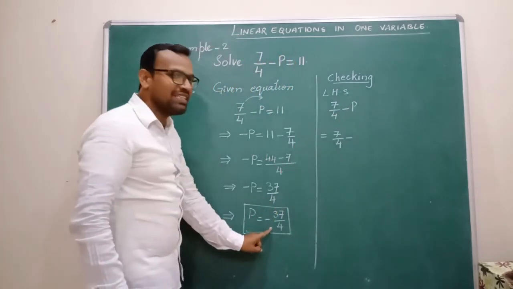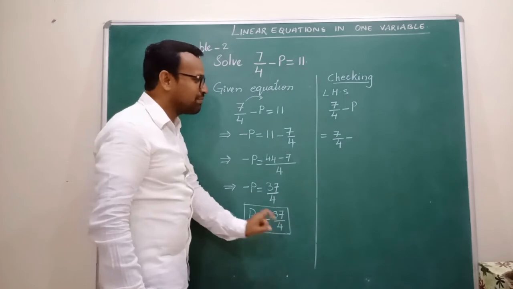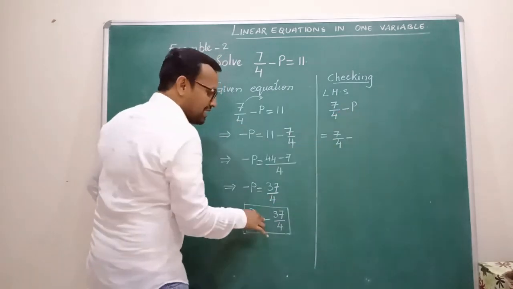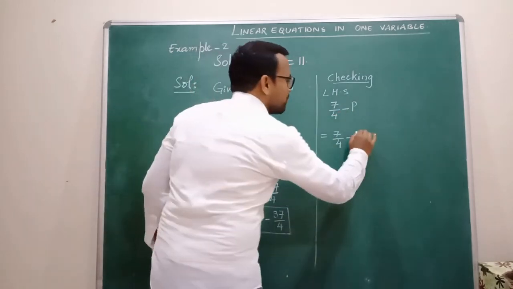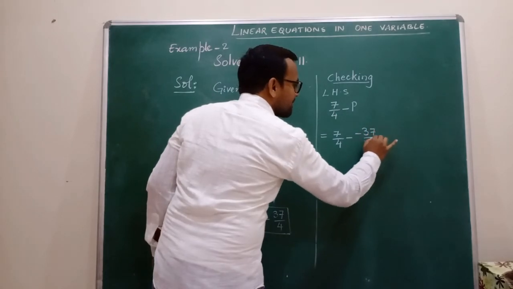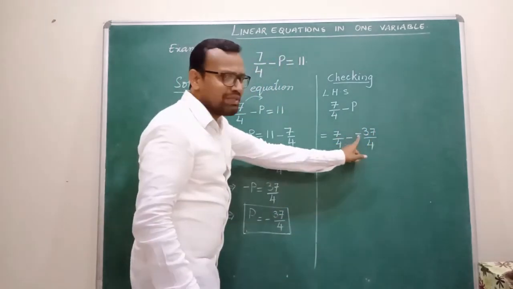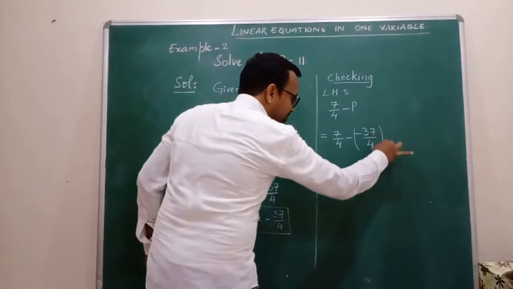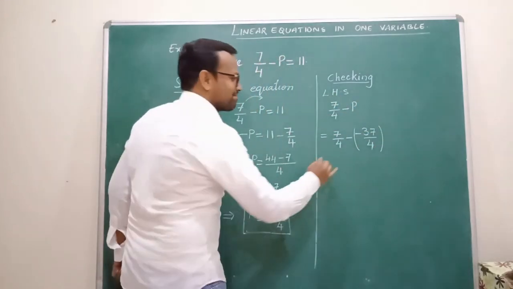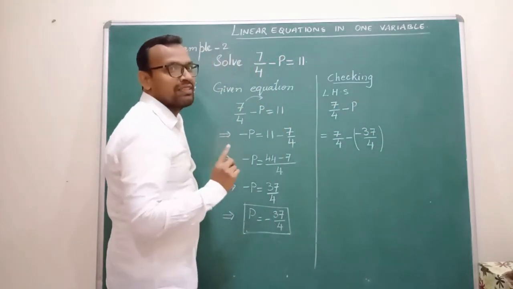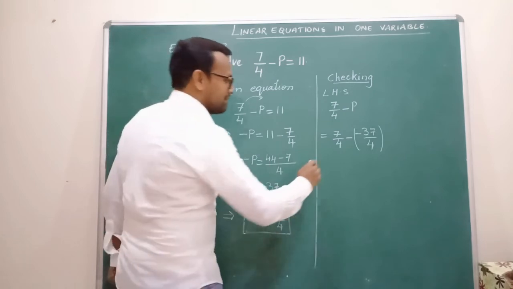What is the value of p that we got? Minus 37 by 4. So the p value is minus 37 by 4. Since two symbols are side by side, let me write the value of p in a bracket. So you should be very careful when you are writing the symbols.